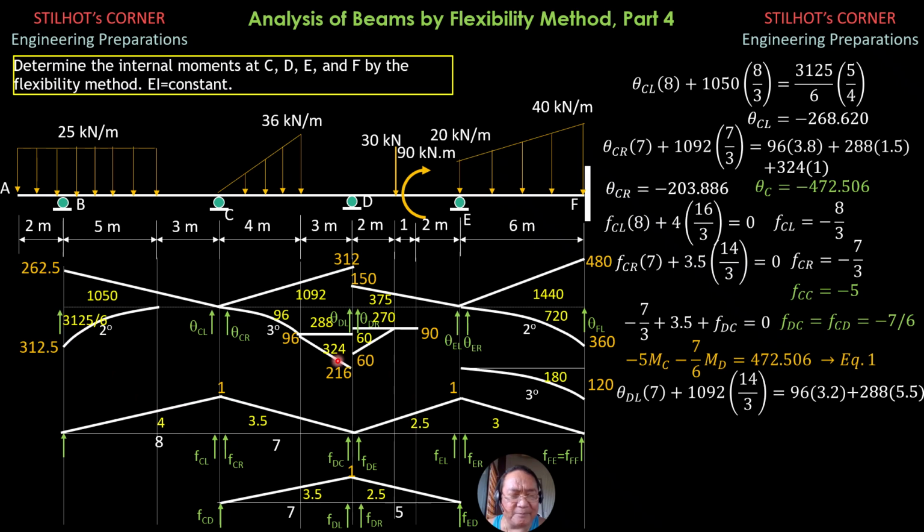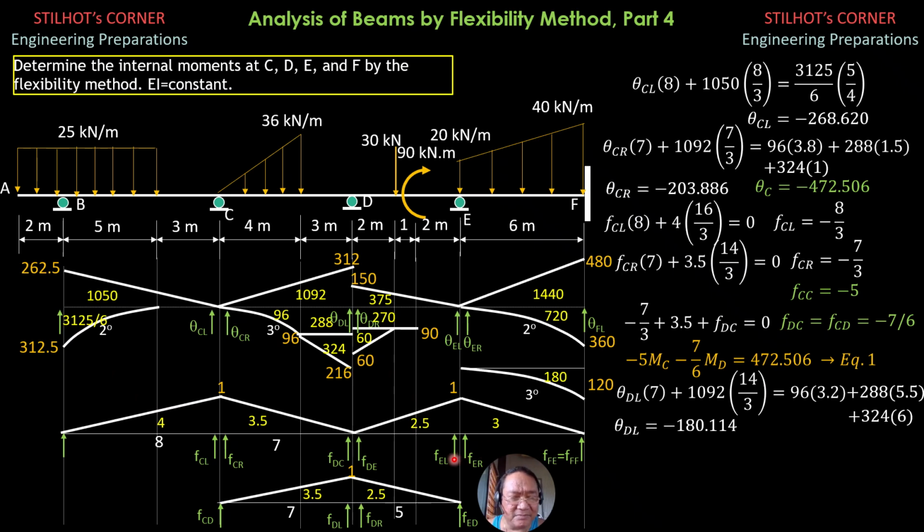Then the moment arm of 324 would be, because this is 1 and the span is 7, 7 minus 1 is 6. So plus 324 times 6. Computing for theta D left is equal to negative 180.114 over EI supposedly.